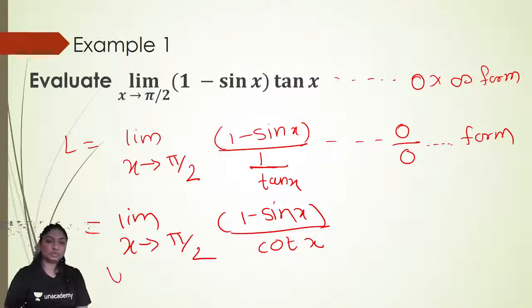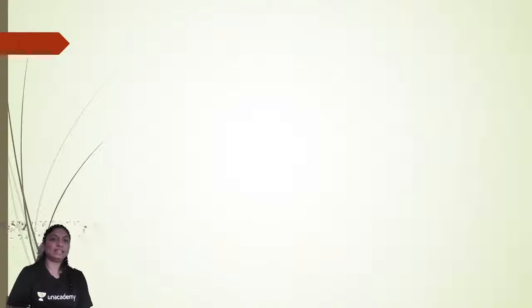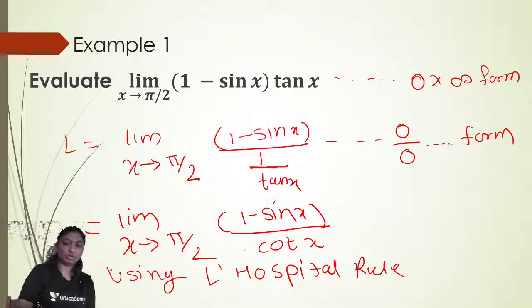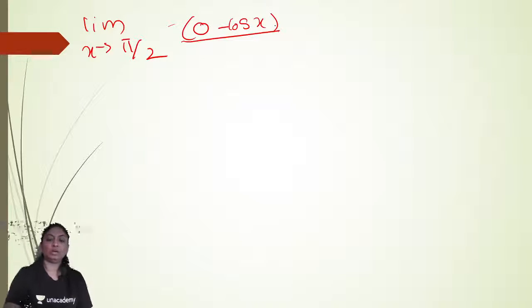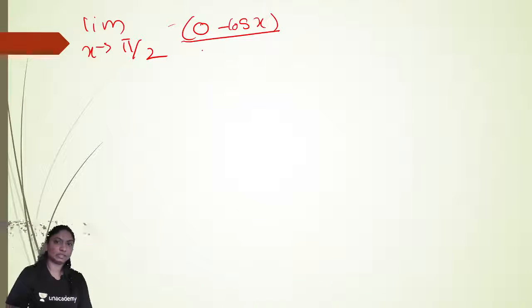Using L'Hospital rule, what is it? Derivative of numerator upon derivative of denominator. So you will get derivative of 1 is 0, and derivative of sin x is cos x, upon derivative of cot x, which is minus cosec square x.